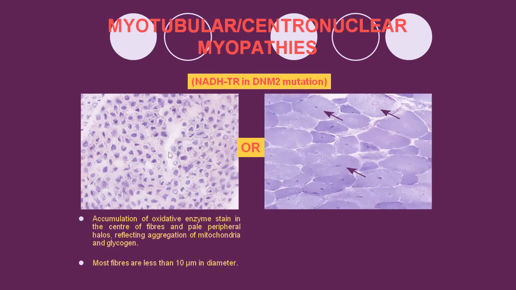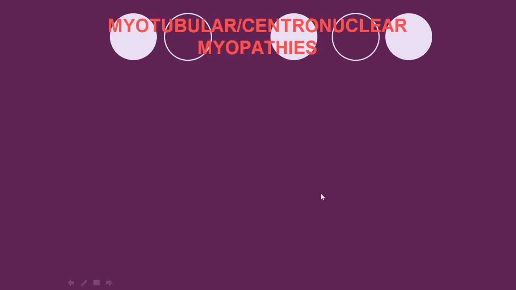Or it shows radiating strands of sarcoplasmic reticulum in some fibers with central nuclei. See the arrows here, central nuclei, and there are radiating strands. Also in this muscle fiber, you see here.